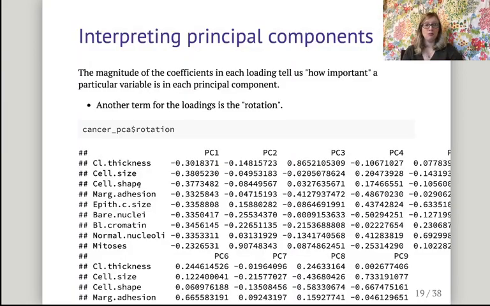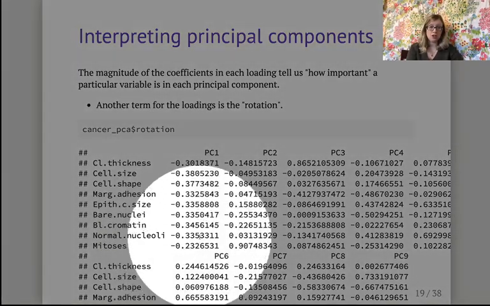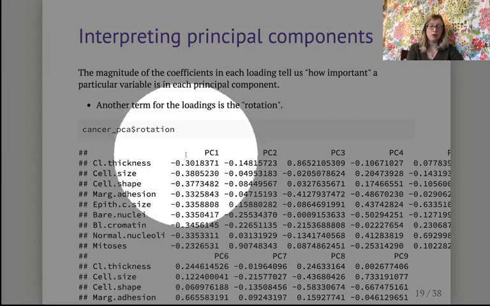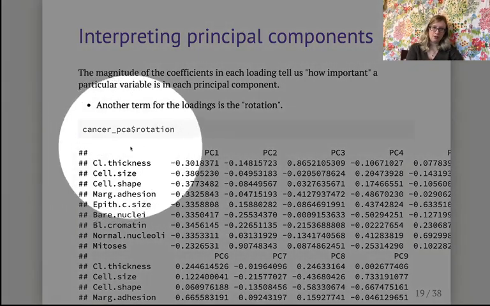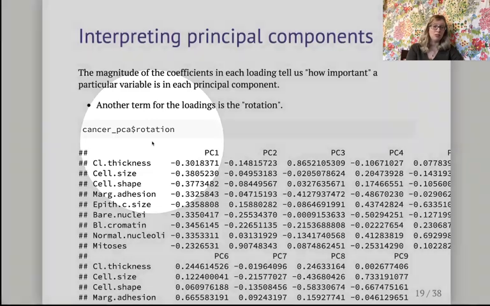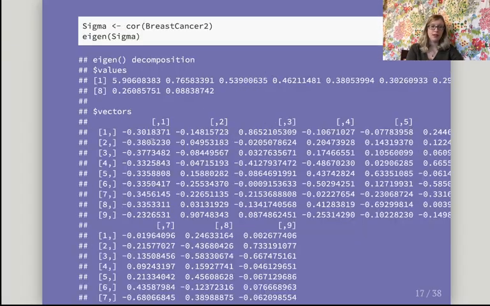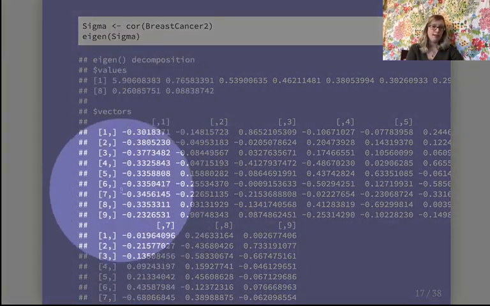Now, how do we interpret these? The magnitude of these coefficients actually tells us how important a variable is in each principal component. The larger the magnitude, either negative or positive, the more important that variable is. Before we go into these, take a look at these numbers in the factor loadings or the rotations. They're exactly the same as the eigenvectors.